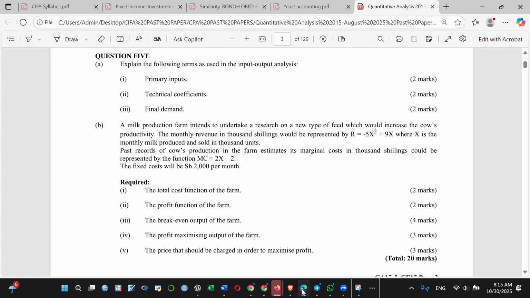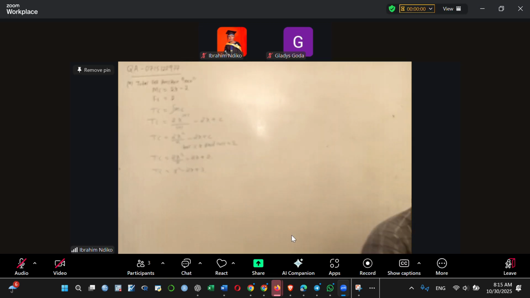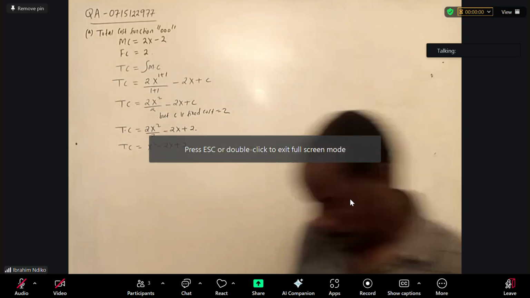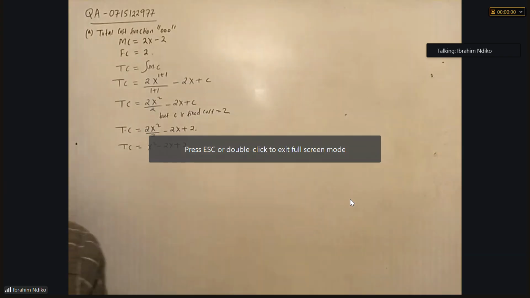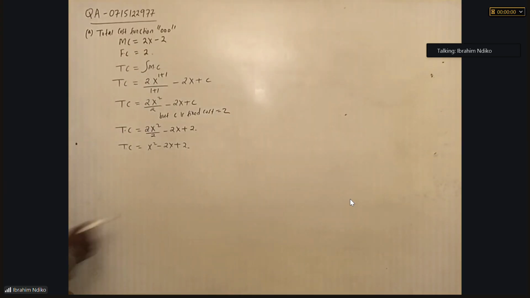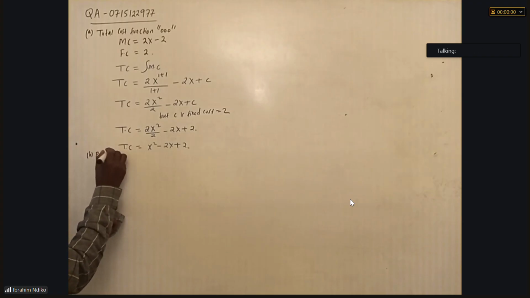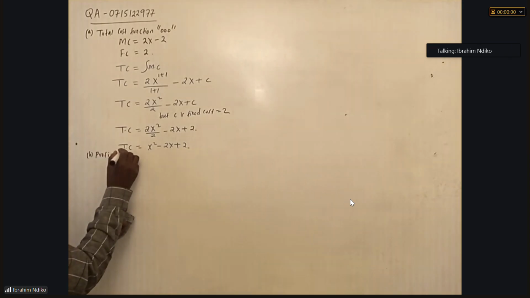Now profit function is revenue minus. So when we say profit, number 2, we are supposed to come up with the profit function. That's number B. Profit function.